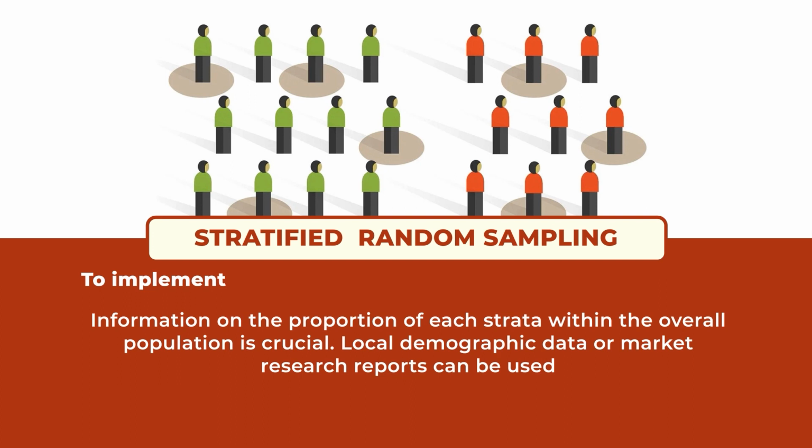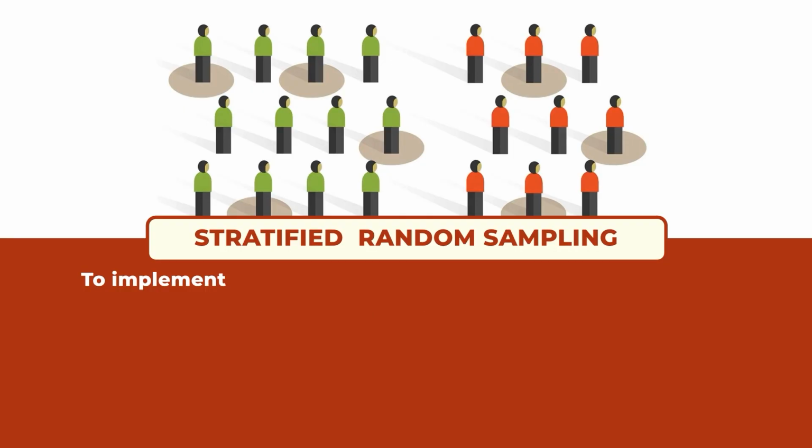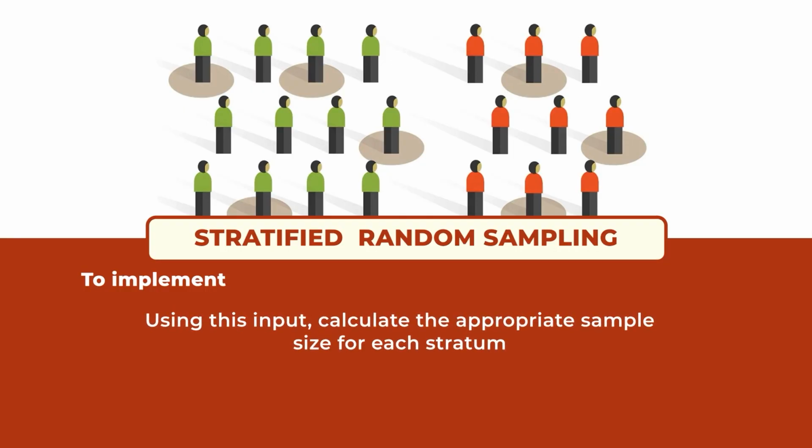This information is crucial. We use either local demographic data or marketing research reports to identify that proportion. Using this input, we calculate the appropriate sample size for each stratum, because we'll be using them in the proportion of the population proportion itself.